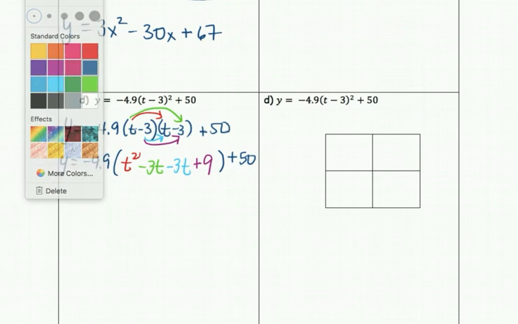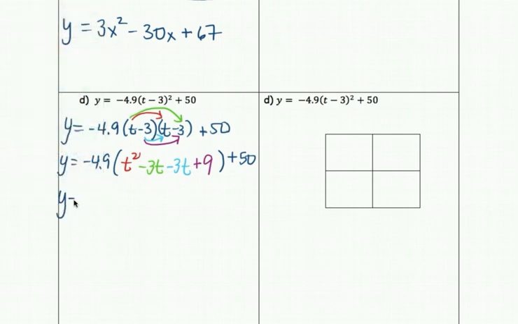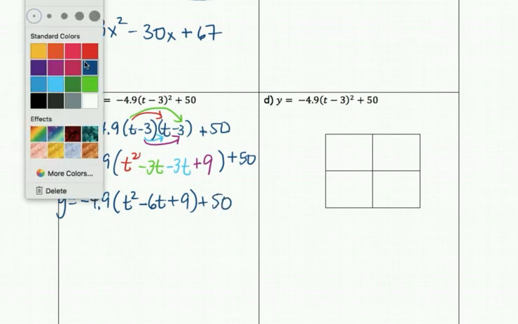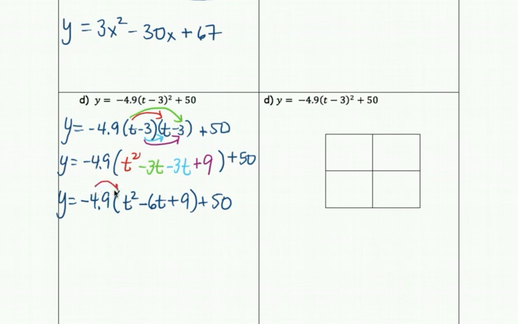Okay, so from there, let's clean up the brackets first, and then we're going to take care of the 4.9 by multiplying it in, and then we'll bring the 50 in. For now, leave the 4.9 outside the bracket, add up -3 minus 3, -6 altogether, and then we're going to multiply the 4.9 in.